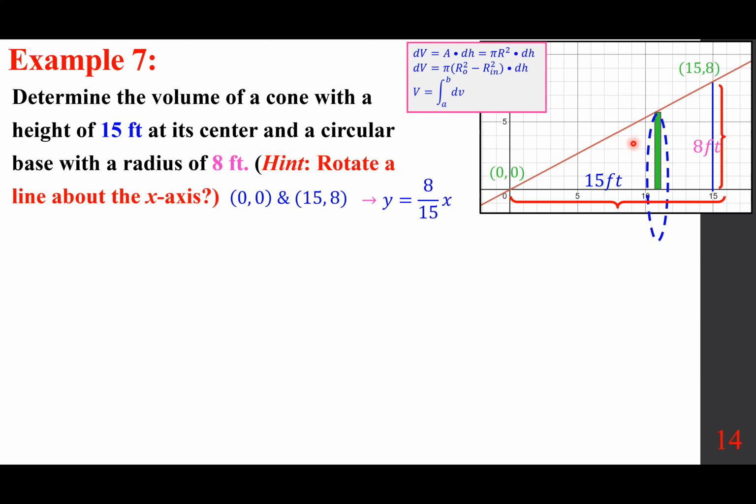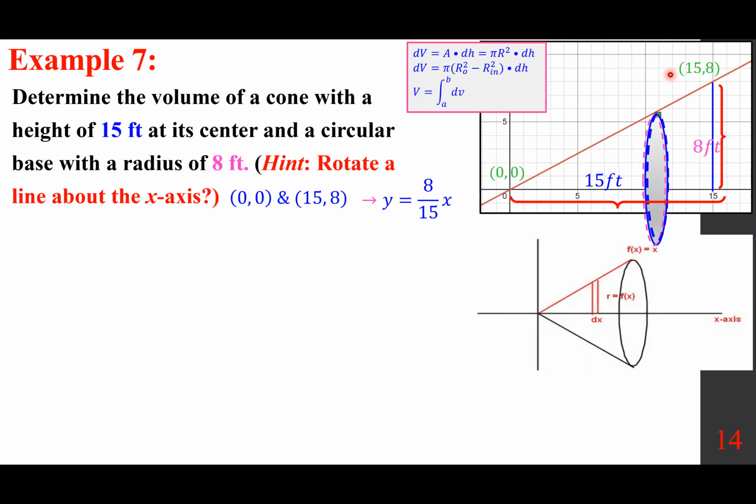So the area of this would be pi r squared. So it creates this shape. This is a disk with some thickness. And the whole thing, when you revolve it, becomes this cone.